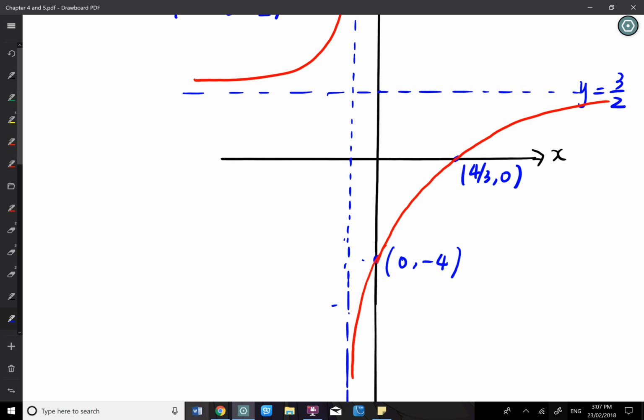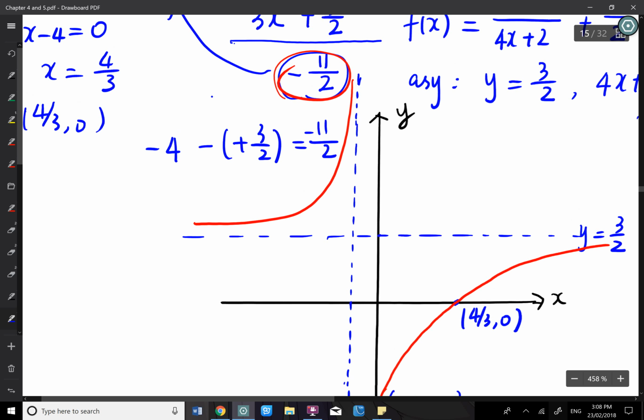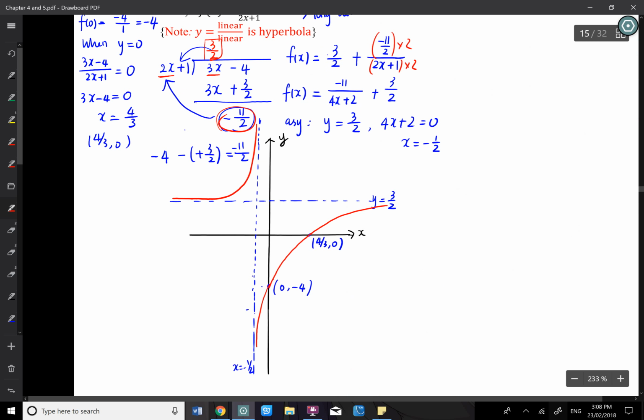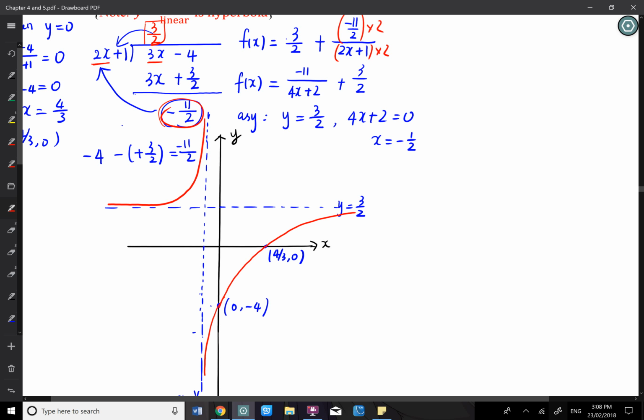Before, I just roughly sketched it and passed it through the wrong coordinates. After you figure it out, you know it should be a positive x-intercept and a negative y-intercept, not the other way around. And this side is pretty good already. Okay, that's the shape of the graph.